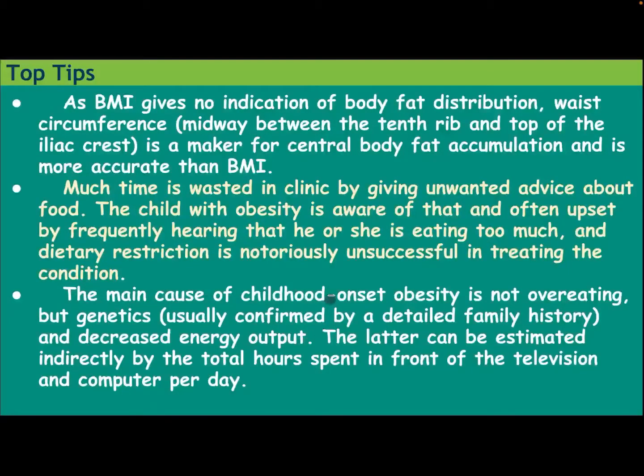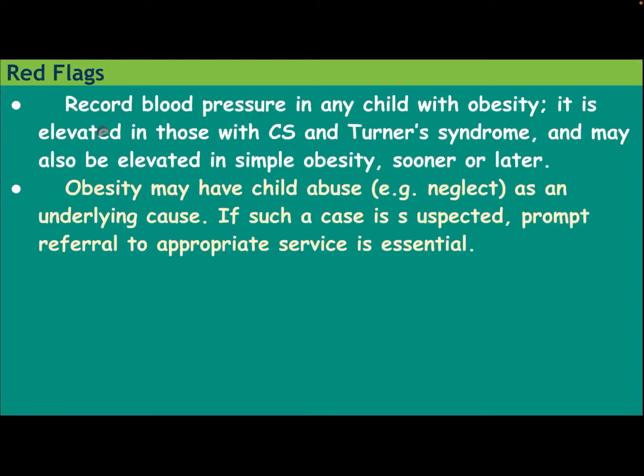The main cause of childhood onset obesity is not overeating but genetics, usually confirmed by a detailed family history, and decreased energy output. The latter can be estimated indirectly by total hours spent in front of television and computer per day. Red flag. Record blood pressure in any child with obesity.